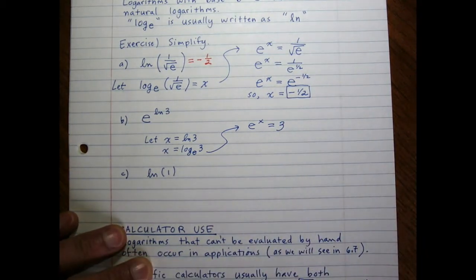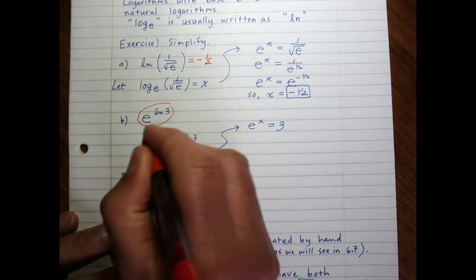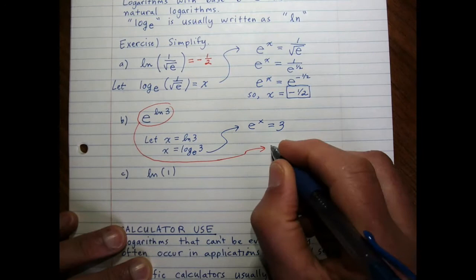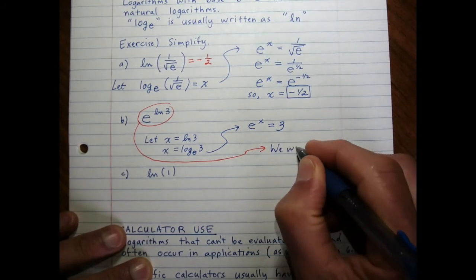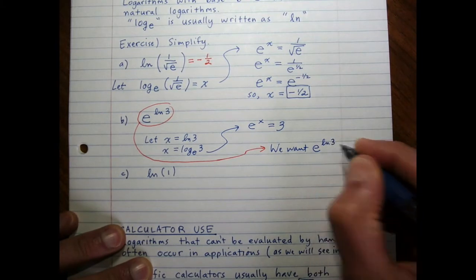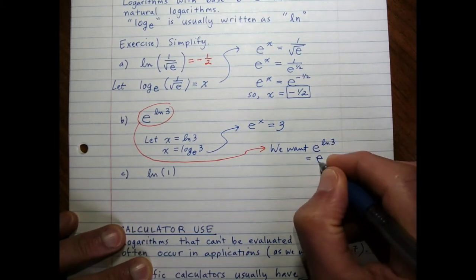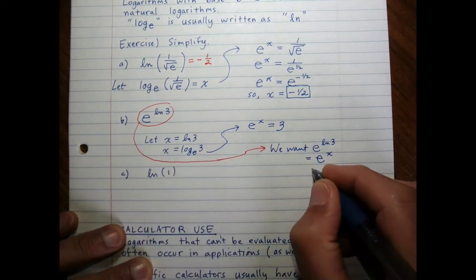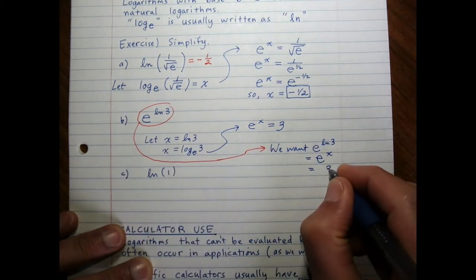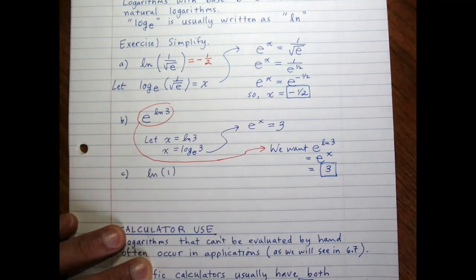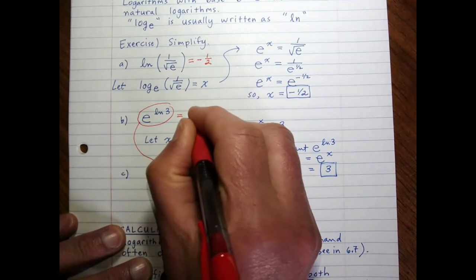Now what we want here isn't x. We want e to the ln of 3, which is e to the, I called x ln of 3, but e to the x is 3, and there we got it. E to the ln of 3 is 3.